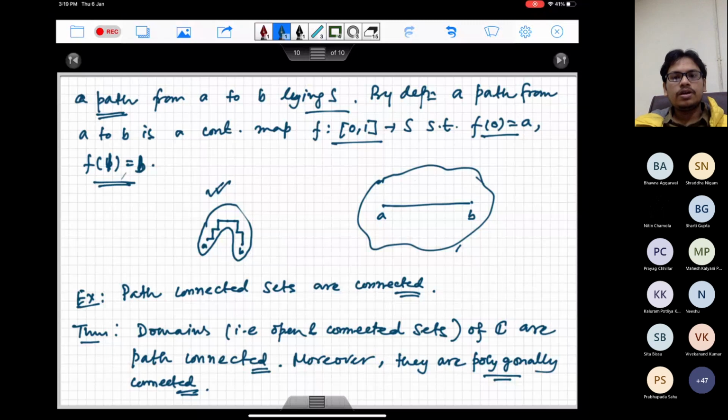So I am going to move either left or right in the horizontal direction, or up or down in the vertical direction. I'm only going to do it in this way, and by doing that, I'm going to reach from A to B, no matter what points A and B you take on an open and connected set. That is what I want you to take.